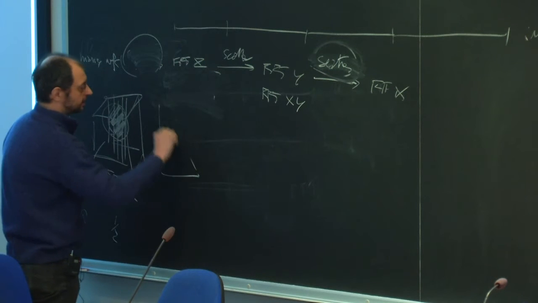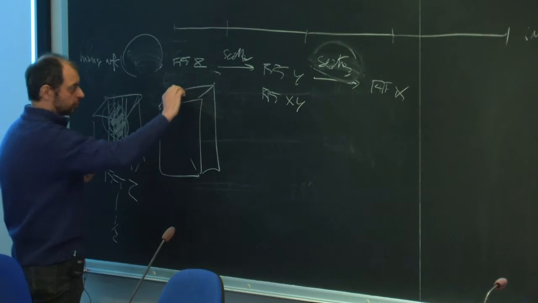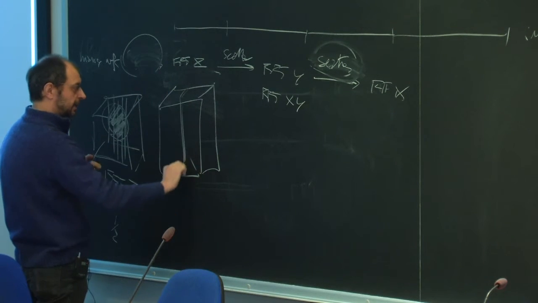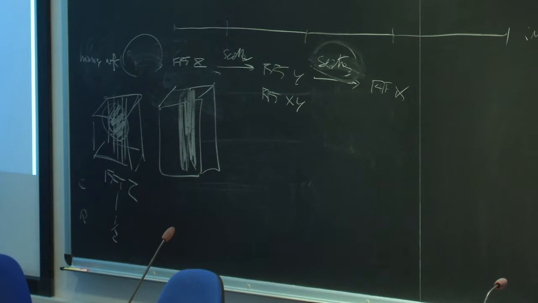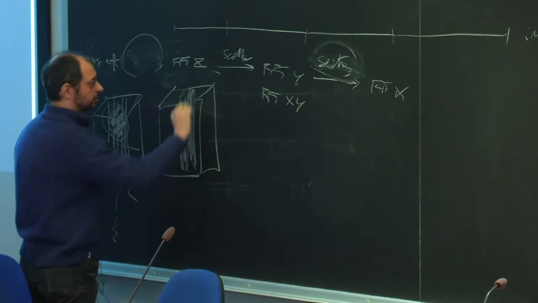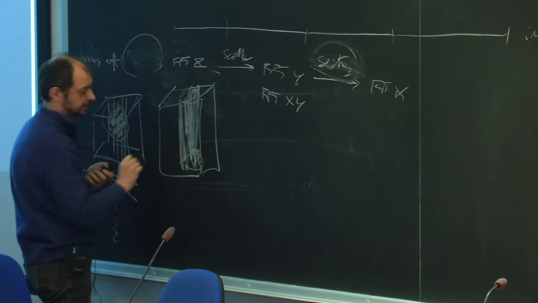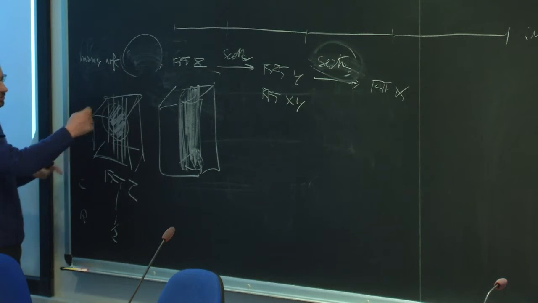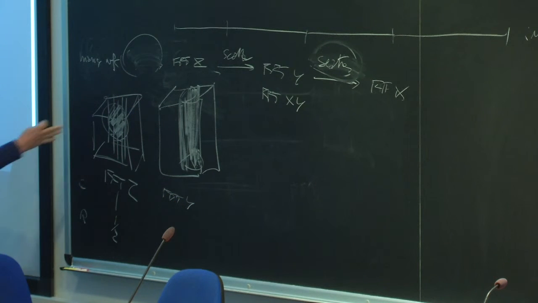Fine. Then we need to do the FFT along Y. So we have done this, and we have basically half of a cylinder, and then we need to do the Fourier transform along Y. In the usual case, we have the full cylinder, and so the FFT along Y would cost 1 again.